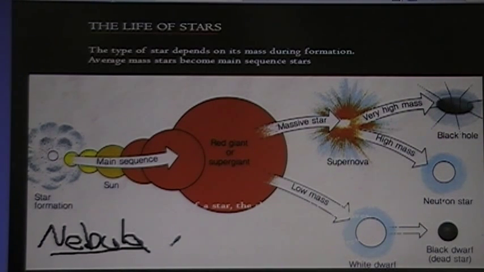And again, we said the more mass, the more gravity we have. So the more gravity we have, now we start to condense things down, and it pulls that gas and dust in. And as it pulls all those things in, it gets to a point where the mass is so great that there's a spark. And we'll talk about where that spark comes from later on. But then there's that spark.